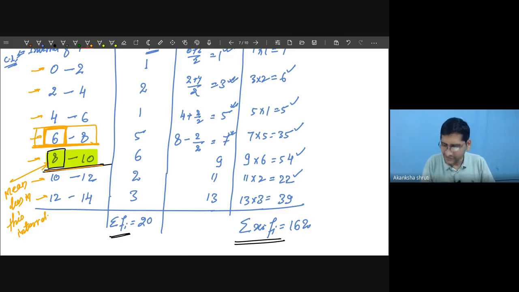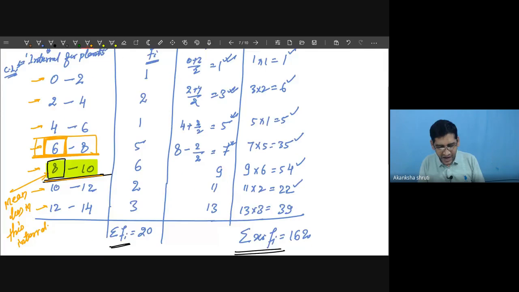You shall prefer this. You will get something that we will calculate, that will be 2.1, that will get added over this 6. Get it? So the purpose is to choose the lower limit of the class interval which is in the middle of the entire range of data.